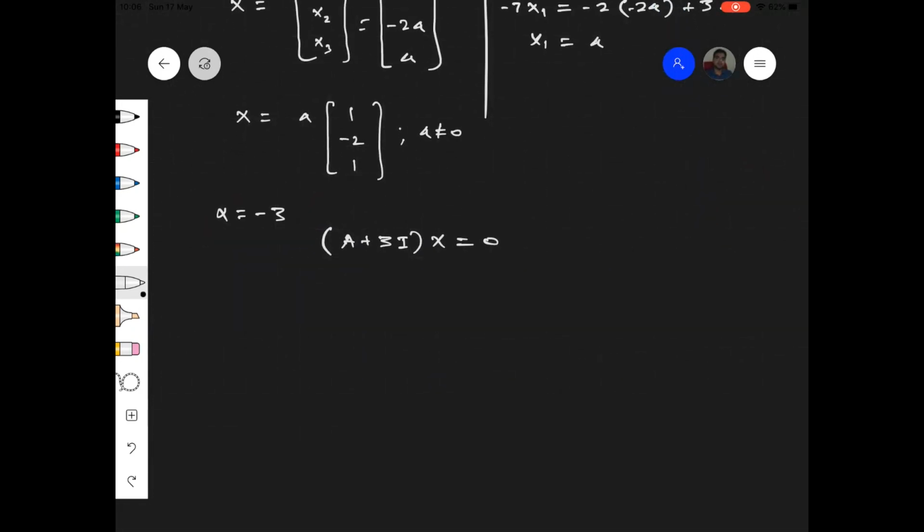Let's put the value of A here, and we can again have the homogeneous system of linear equations, and it is going to be 1, 2, -3; 2, 4, -6; -1, -2, 3, times x1, x2, x3 equals 0, 0, 0.